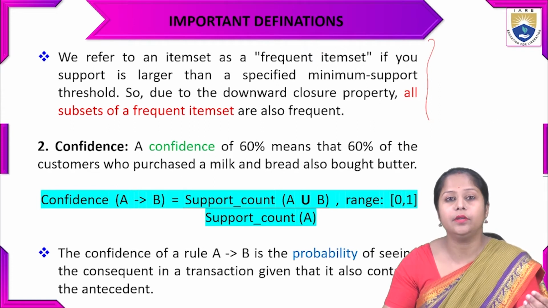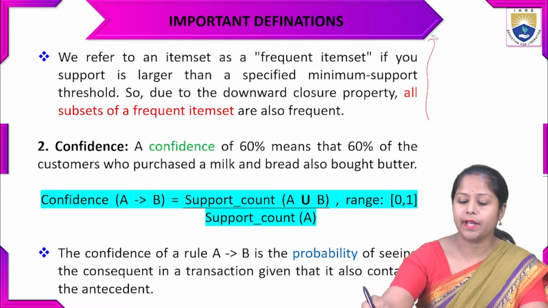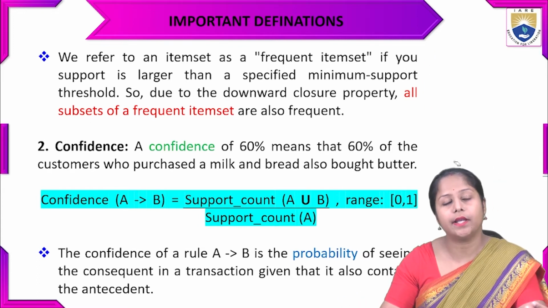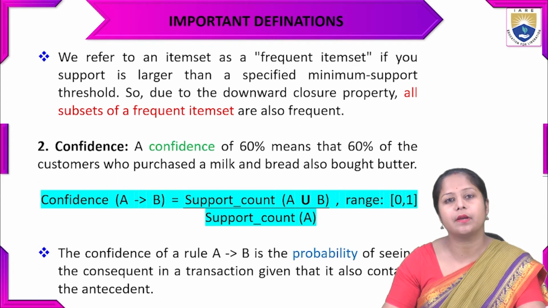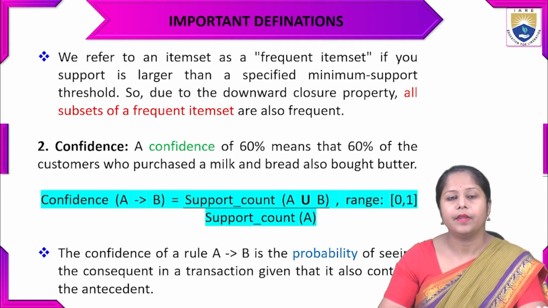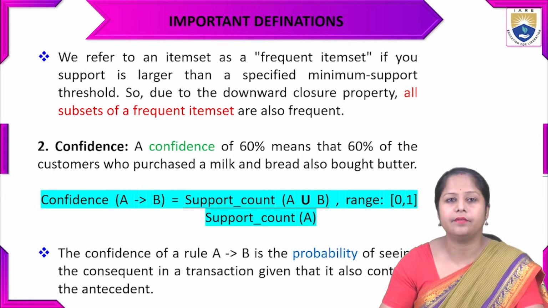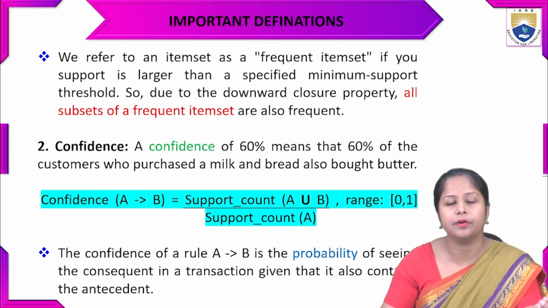Usually we refer to an item set as a frequent item set. If we are going to call an item set frequent, what do we have to do? We have to check if the support is larger than the specified minimum support threshold. The data warehouse managers are the ones who make these rules, so they have to set a minimum support threshold.